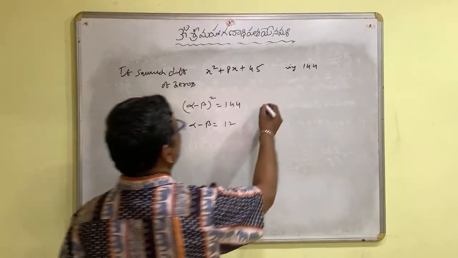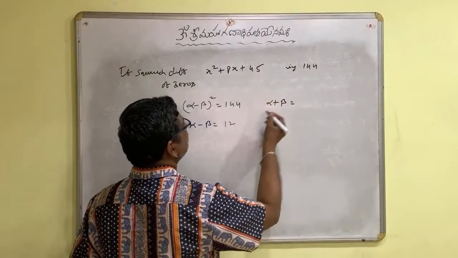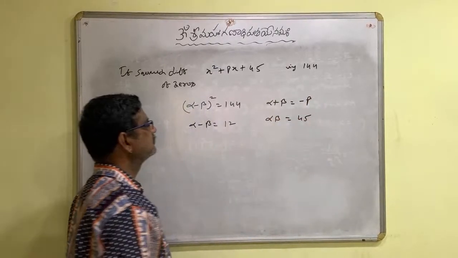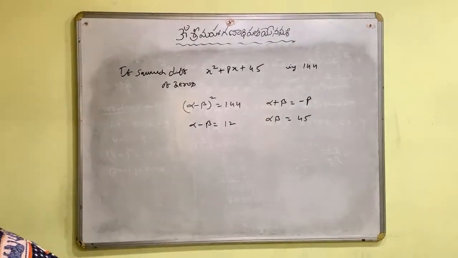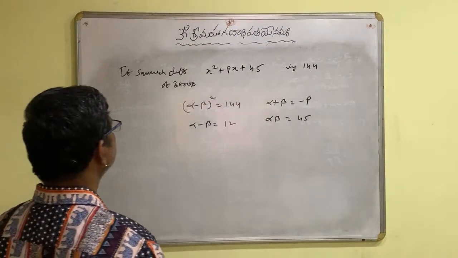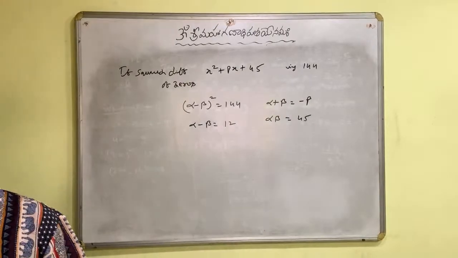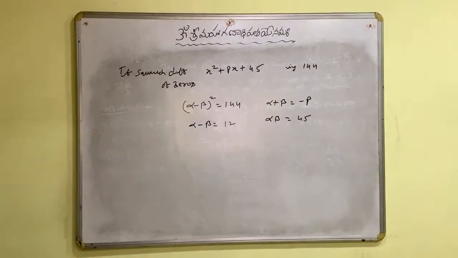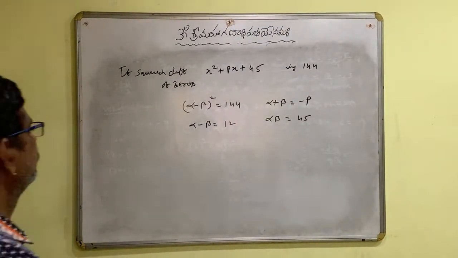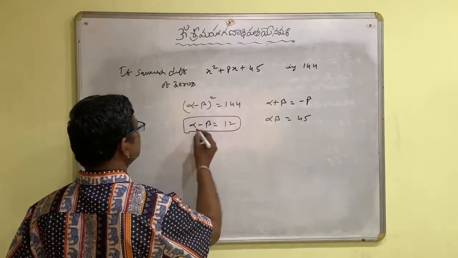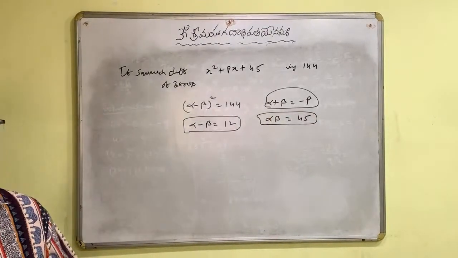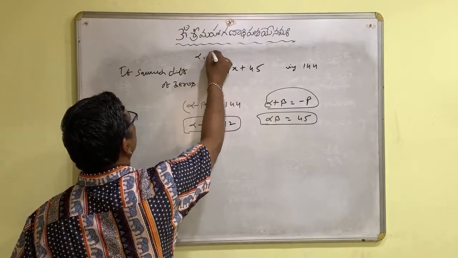Alpha plus beta is minus p. Alpha beta is 45. This is the information we have. Now we need to find out the zeros. This is a higher order thinking question. We have this and this one, and we need to find out alpha and beta values.